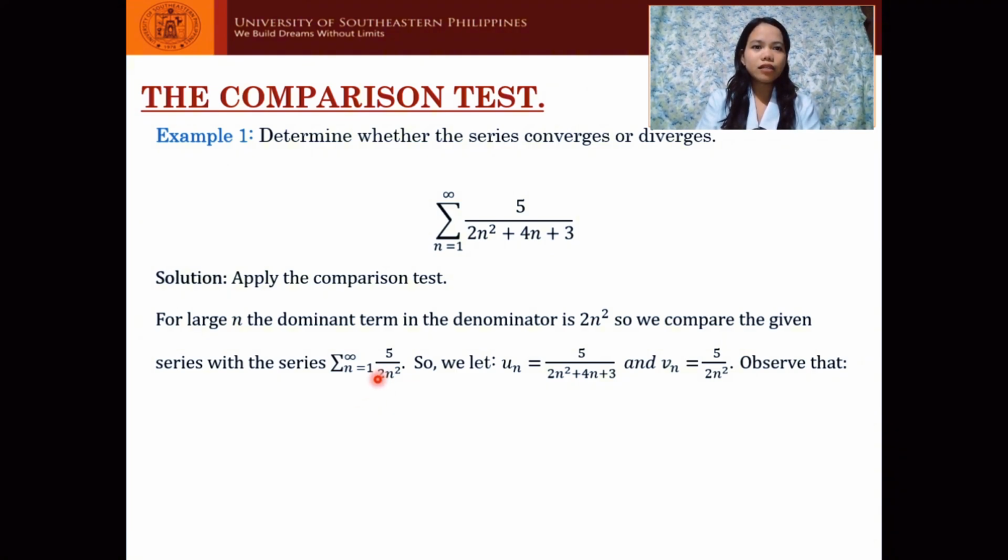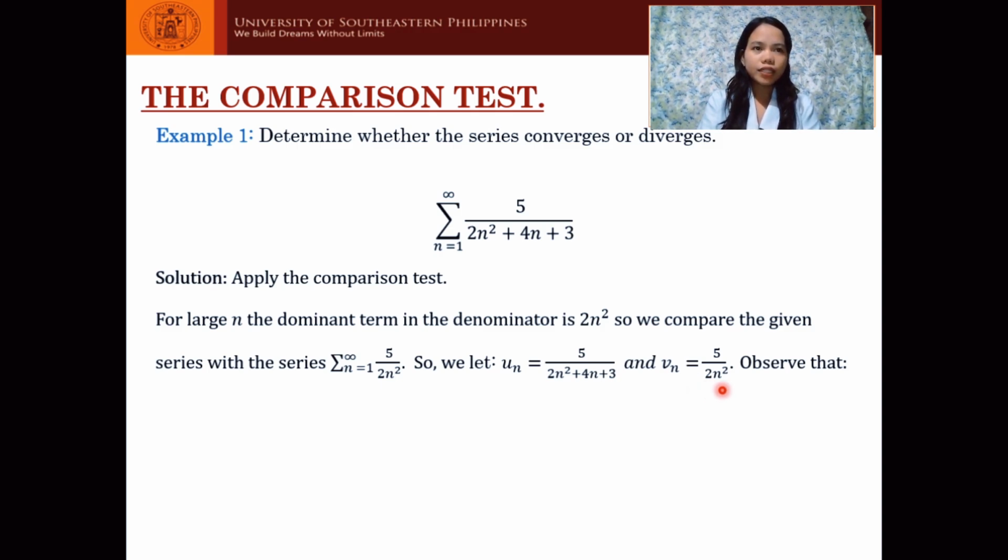So the series v sub n that we are going to have is the summation of 5 over 2n squared from 1 to positive infinity. We let u sub n equal 5 over 2n squared plus 4n plus 3, and v sub n equal 5 over 2n squared.